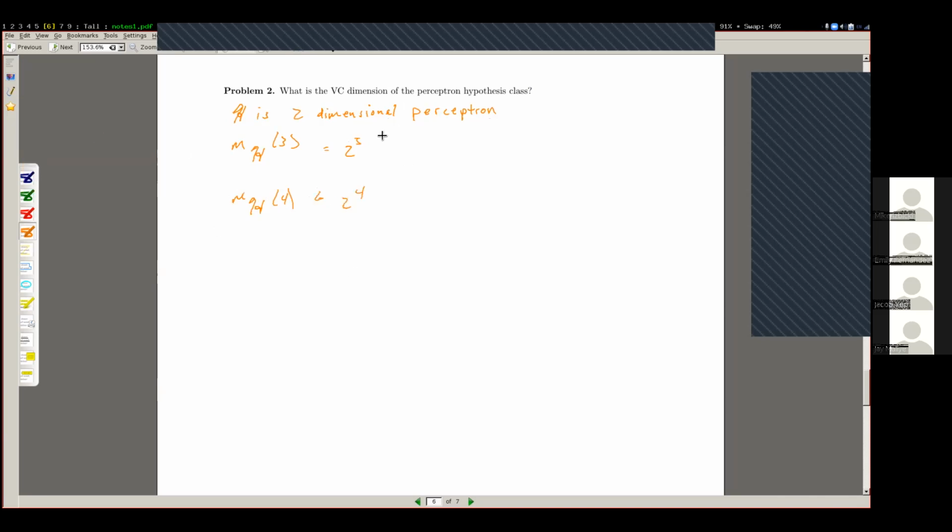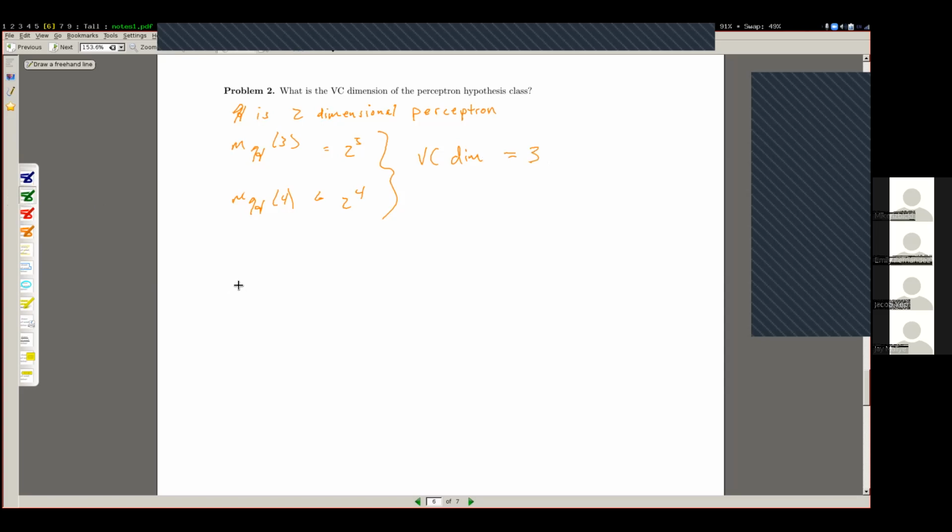And the VC dimension is defined to be the largest value of n where you still get that exponential rate. So the VC dimension here would be equal to 3.